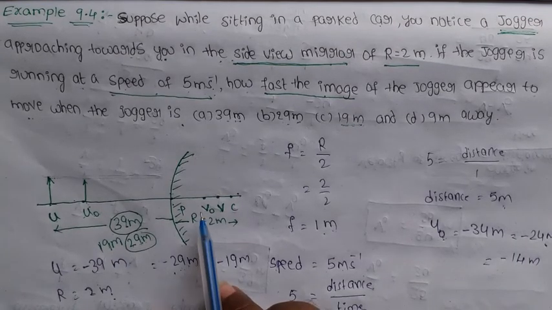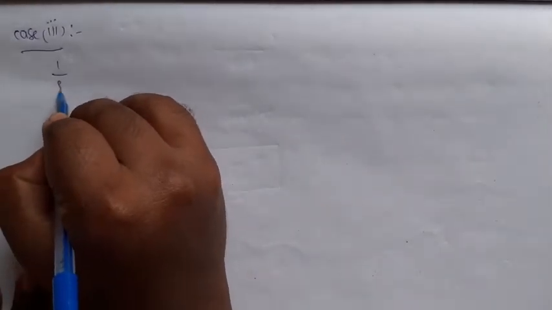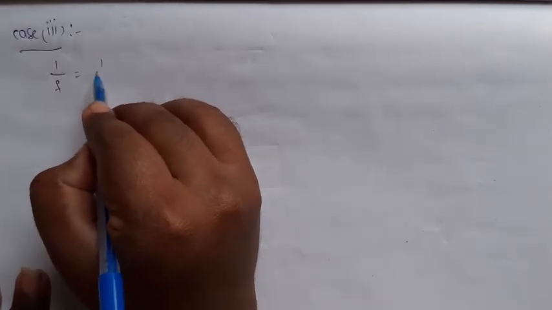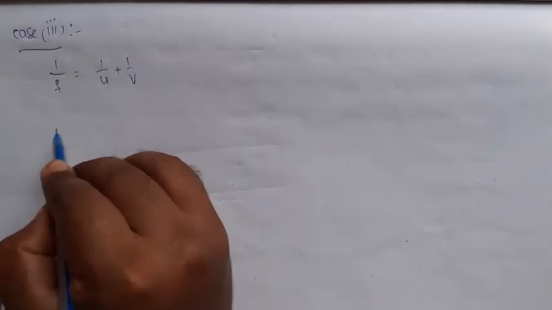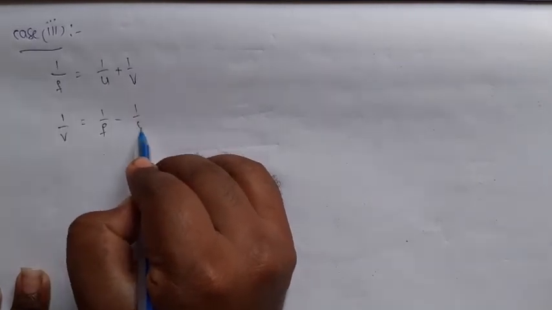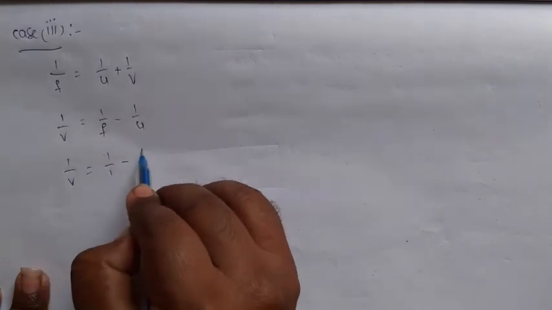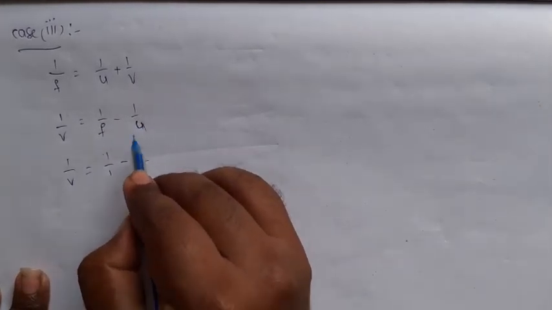So you can easily find the v and v naught, image distance. Case 3. According to mirror's formula, 1 by f equal to 1 by u plus 1 by v. 1 by v equal to 1 by f minus 1 by u. Substitute values, 1 by v equal to 1 by 1 minus 1 by u value.